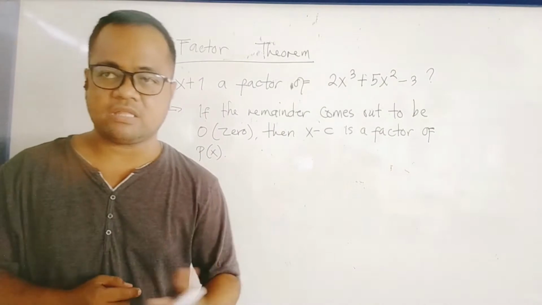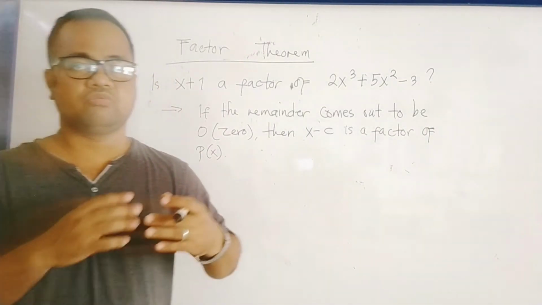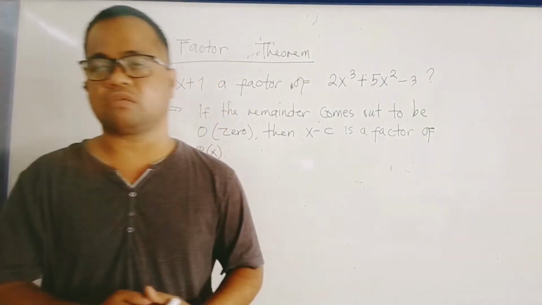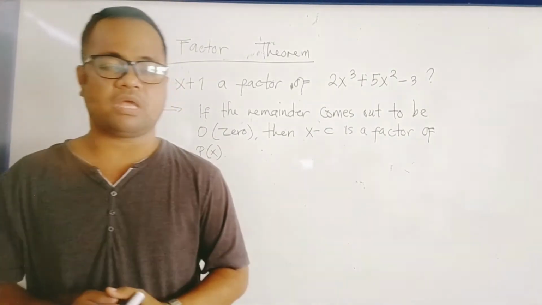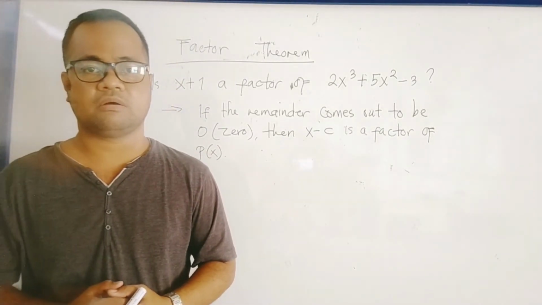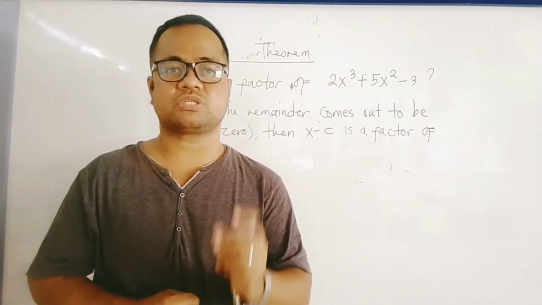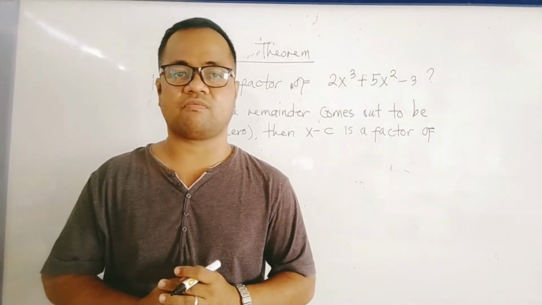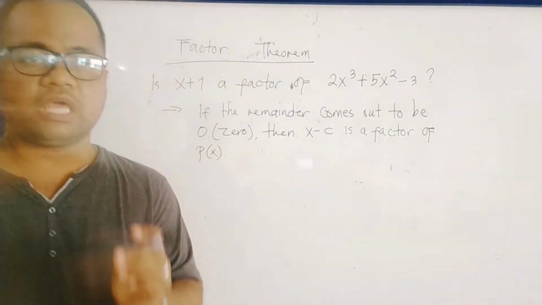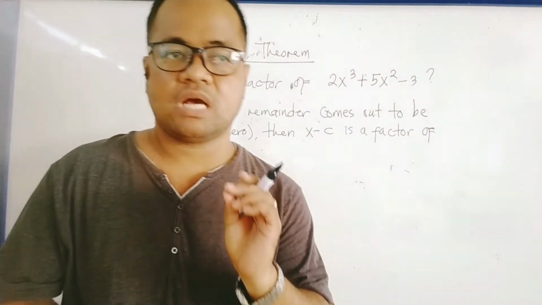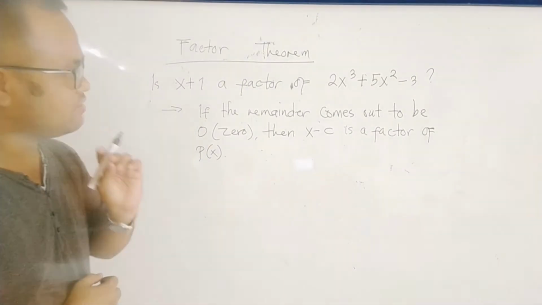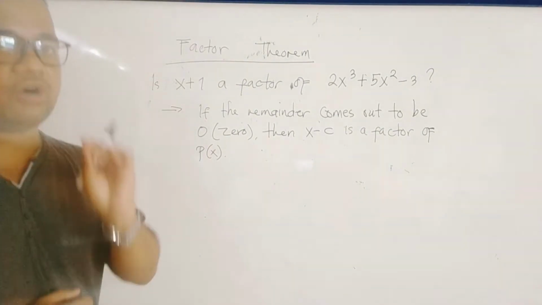You may divide it, you may use synthetic division, or you may use the remainder theorem. But maybe it is better to use the remainder theorem for us to determine if the given divisor is a factor of the dividend.